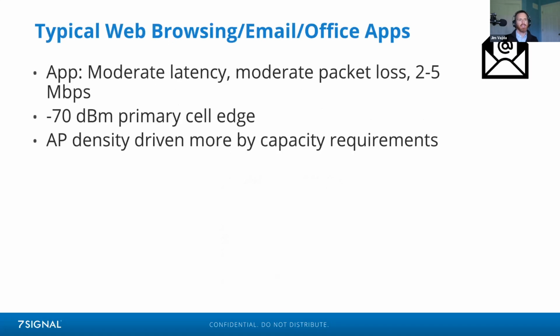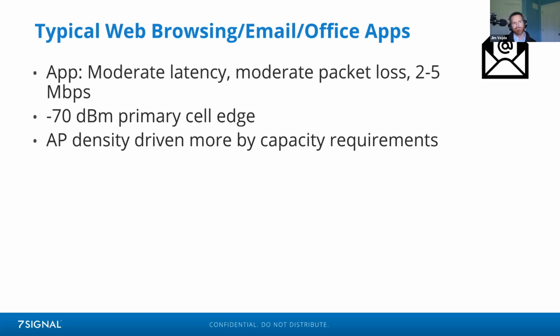So if we look at just typical web browsing, email, and office applications, these tend to be the most forgiving apps. They're not connection oriented, and they can handle some packet loss and latency. They really don't need much throughput. I put 2 to 5 megabits per second here, because this often involves video, right?